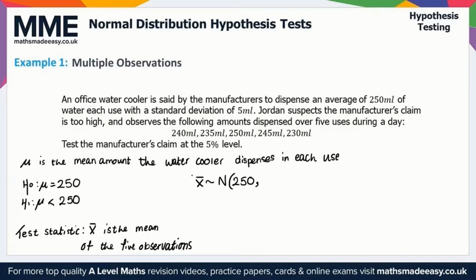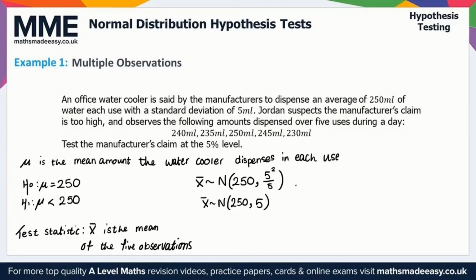Remember, when we're counting here for x bar, we do the standard deviation squared. So this is going to be the variance here. So it's the standard deviation squared, 5 squared, and we divide it by the sample size, 5. Okay, so that's our variance there. And obviously, 5 squared is 25 divided by 5. We simply get x bar is a normal distribution with mean 250 and variance 5 there.